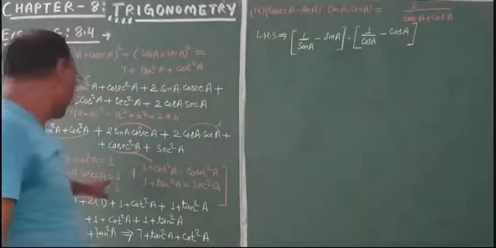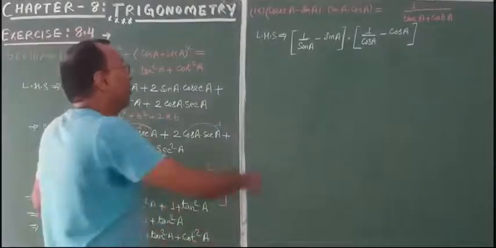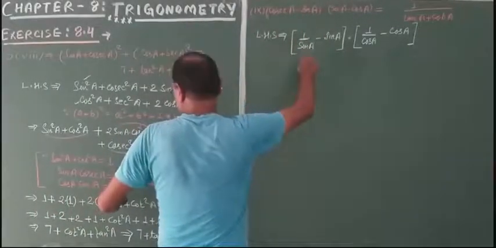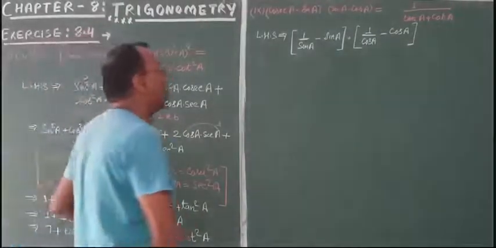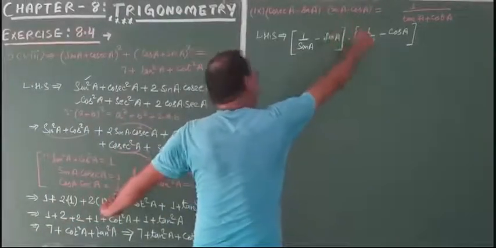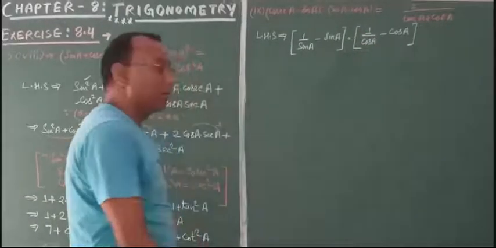Just look at these formulas. Sin A into cosec A is equal to 1. Therefore, cosec A can be written 1 upon sin A. Cos A into sec A is equal to 1. Therefore, sec A can be written 1 upon cos A. Now take the LCM.